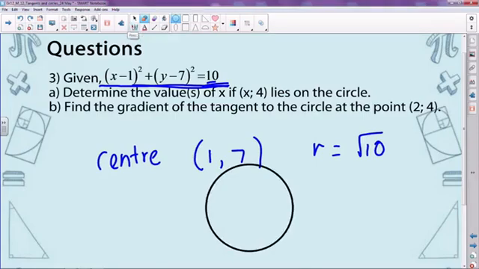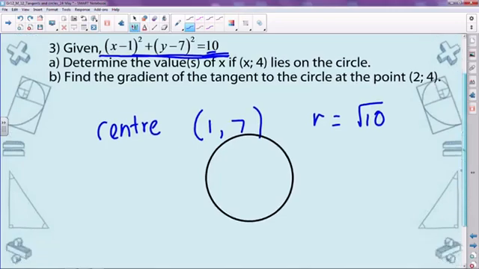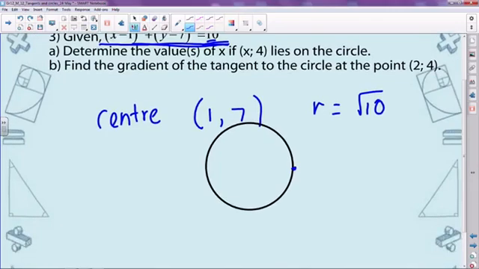Now, guys, you know that if a point lies somewhere on the circle, any point, doesn't matter what point it is, so we're going to say it's the point (x, 4). If the point lies on the circle, then the distance from that point to the center of the circle will always be the same, because what is that measurement called?